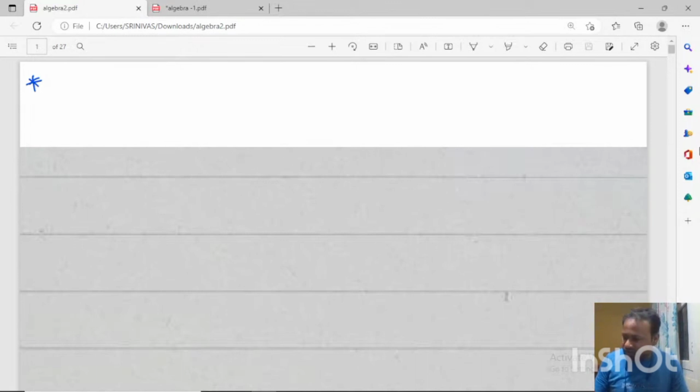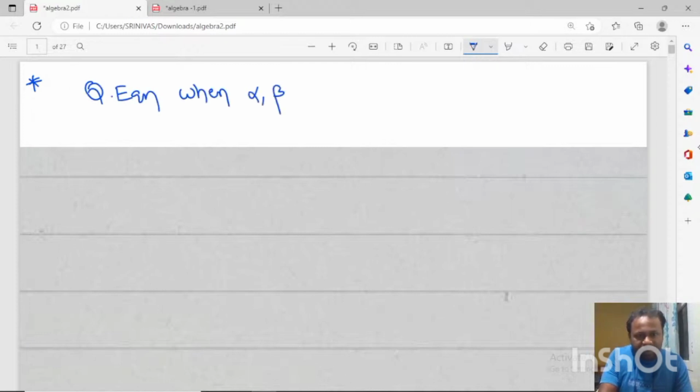Now we are moving to one more topic in this. That is whenever you know sum of the roots as well as product of the roots. So what is the quadratic equation when alpha comma beta are roots?